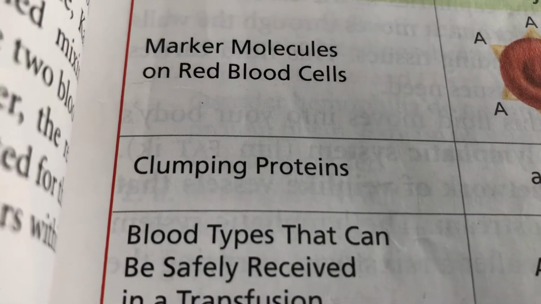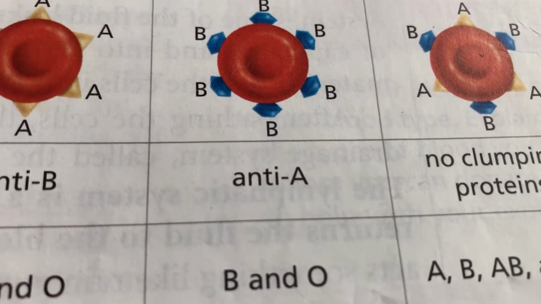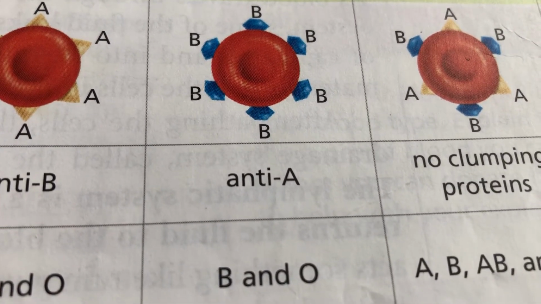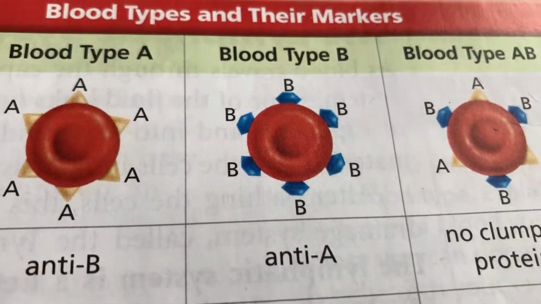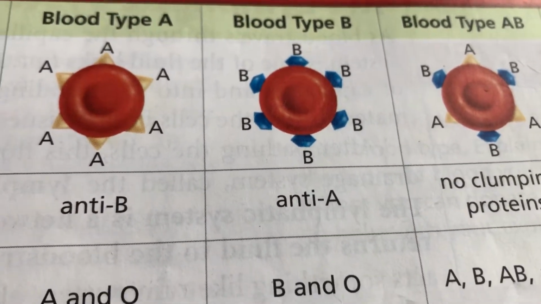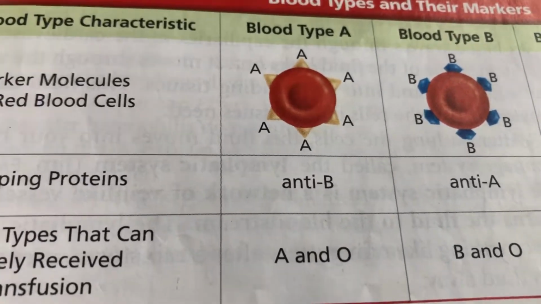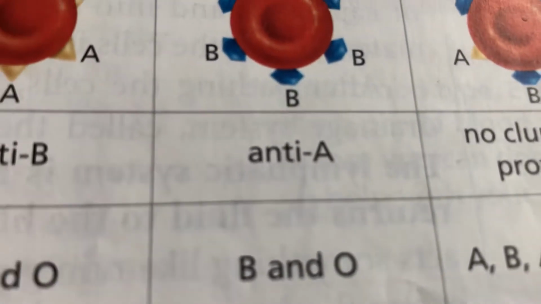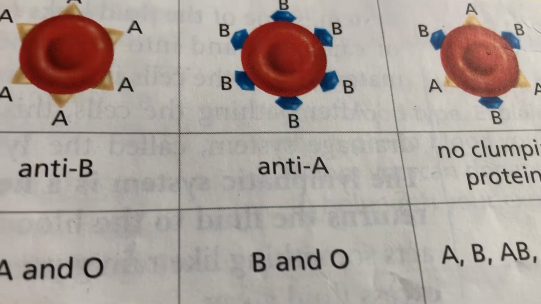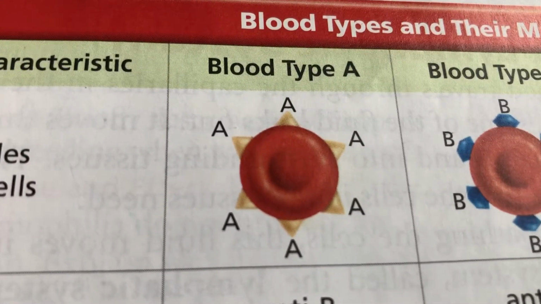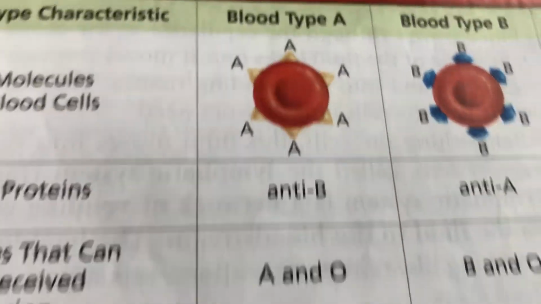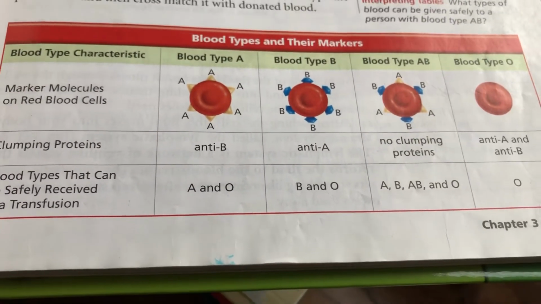That's what we're talking about. That anti-A clumping protein is in the plasma of someone with blood type B. So if you were to receive blood from someone with blood type B and you had blood type A, that anti-A clumping protein would clump with the type A antigens and cause big problems, which could be fatal.